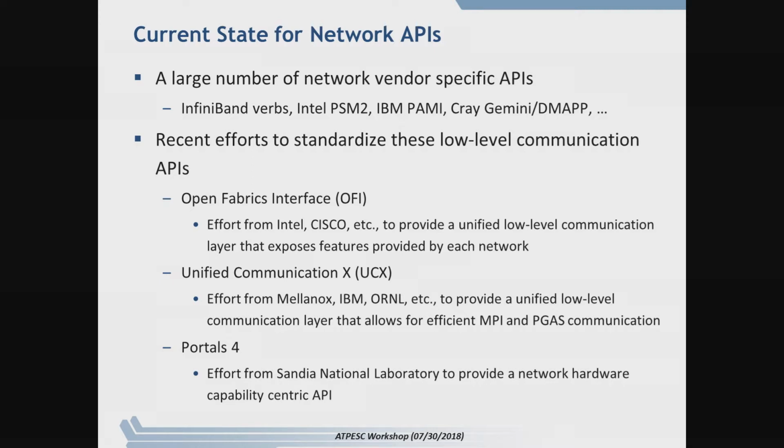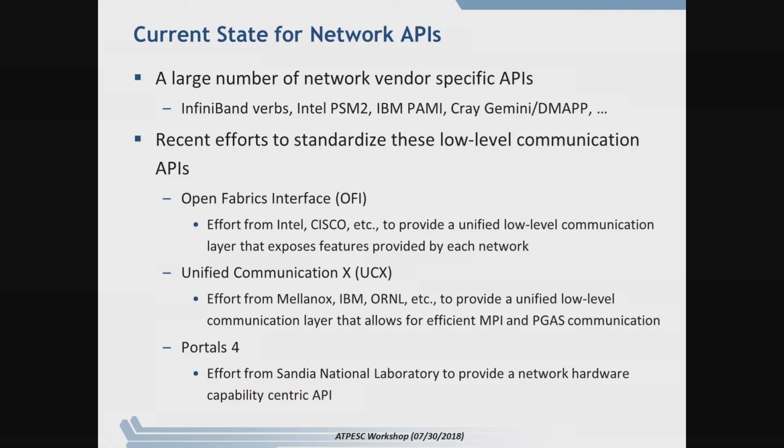The difference in UCX is that if a feature can't be provided in hardware, there is always software emulation, so that the full UCX API is always available regardless of the hardware underneath it. Whereas in OFI, we just expose what the hardware is capable of doing, but we don't emulate in software. We leave that up to the middleware, up to the application to do.